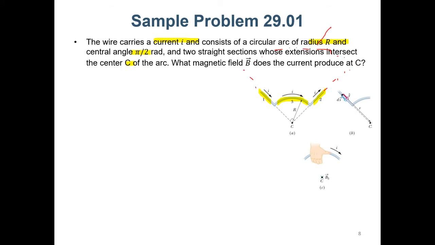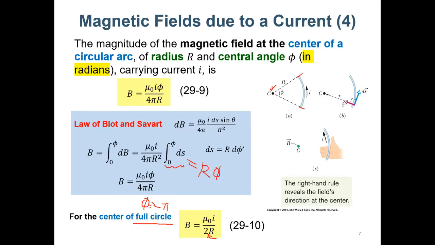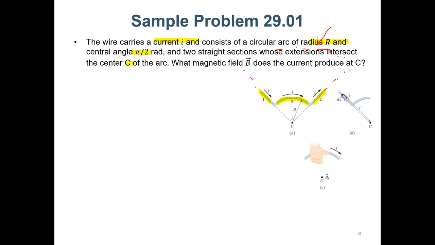So for this part, it generates the B field at point C close to 0, because if you just substitute R tends to infinity, then the B will be 0. So now we only consider parts 1, 2, and 3. And here for segment 1, I is from the top left to bottom right, so ds points to this direction.